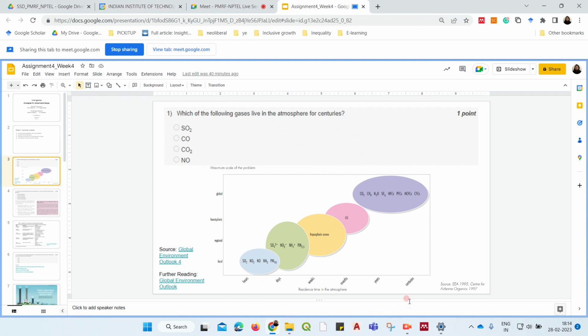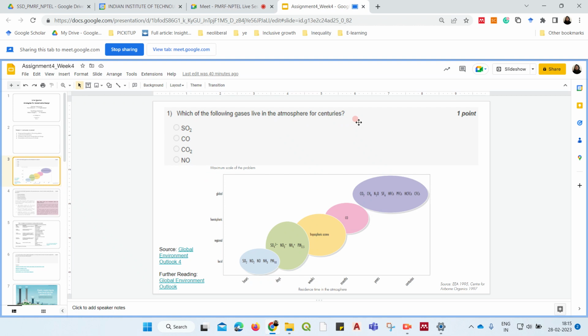So this is what they produced in their report. You can always refer to this schematic and answer these types of questions. They can ask you which gases survive for centuries or which gases survive for months, and based on that, you can approach and solve the question accordingly.